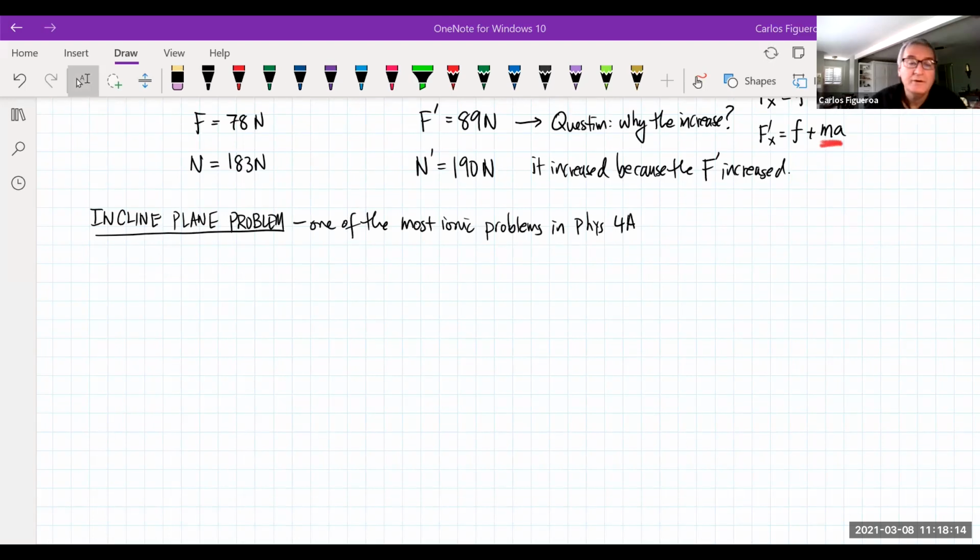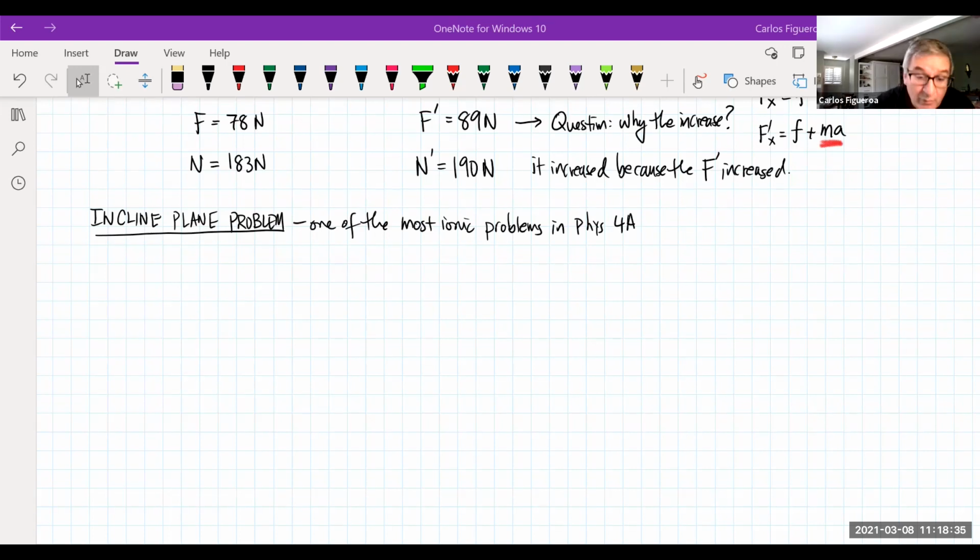So what I want to do here is use numbers and look at this reasonably. I want to look at the forces on a block where the block is stationary on an inclined plane, and I don't want to bring friction into this.